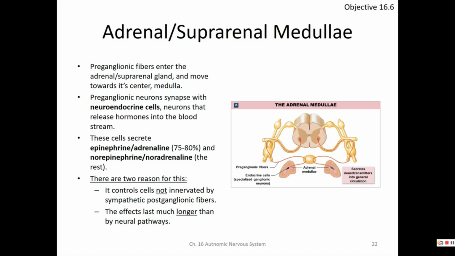They're going to allow me to have a longer-lasting impact than neuro. Because remember back at A&P1, something I talk about in Chapter 1 is that nervous system and endocrine system both control the body, but in different ways. And I always say the nervous system and the endocrine system are so different that it's like the tortoise and the hare.